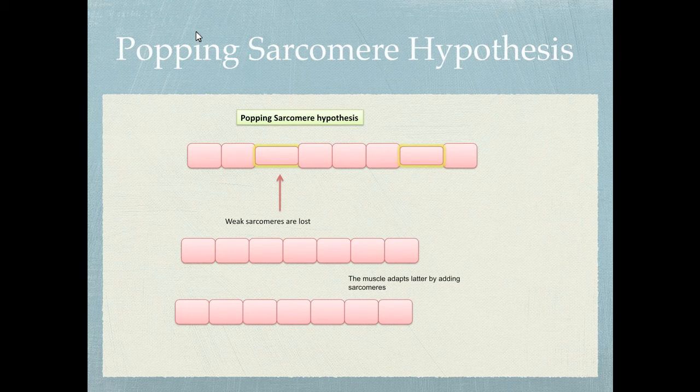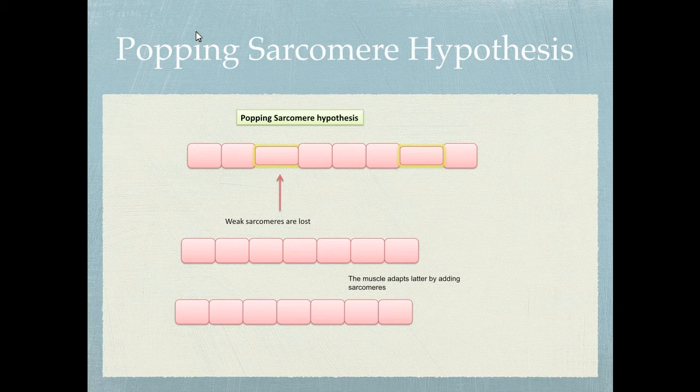This is sort of what it looks like here. Basically, if you think of a chain, the weakest link in the chain is what's going to be destroyed. So those weak sarcomeres are likely stretched beyond the point of the cross bridges being able to bear the load, and those are popped or destroyed. So now the weak sarcomeres are lost.